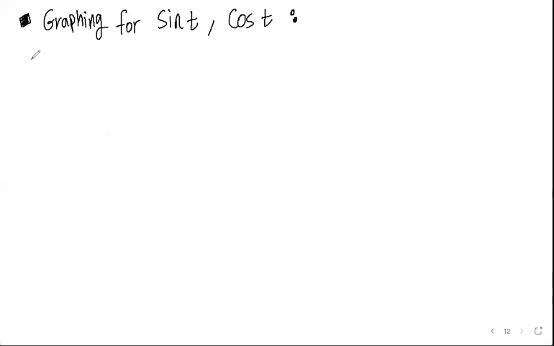This table has t here. I have sine of t. First of all, t, terminal point, the sine of t and the cosine of t.